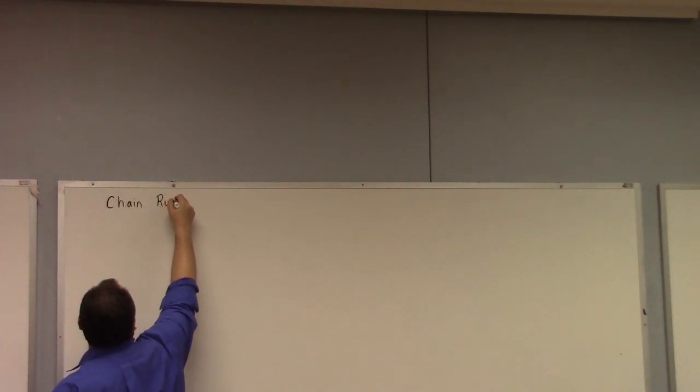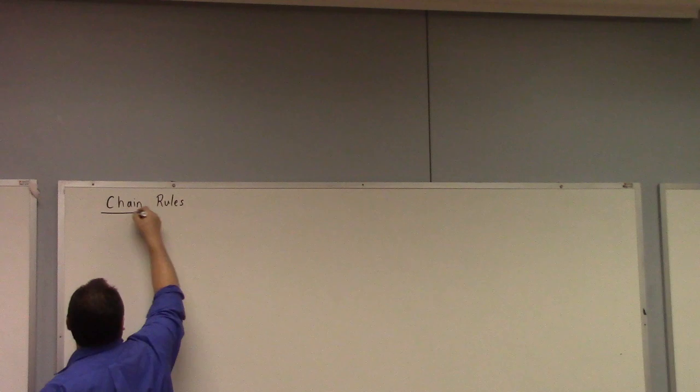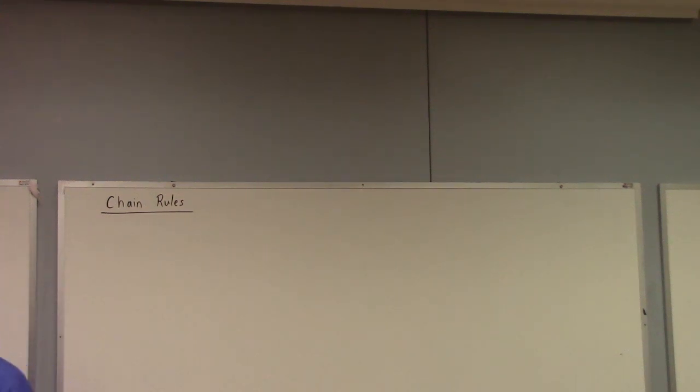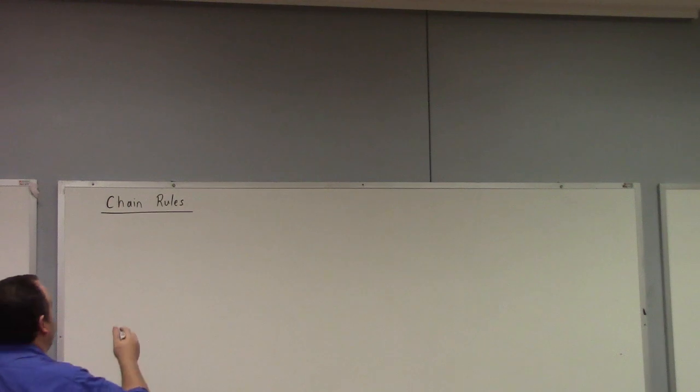Now we will not finish chain rules today, right? We will not. But I can share with you at least a couple of chain rules that are relevant to us. So here's one.